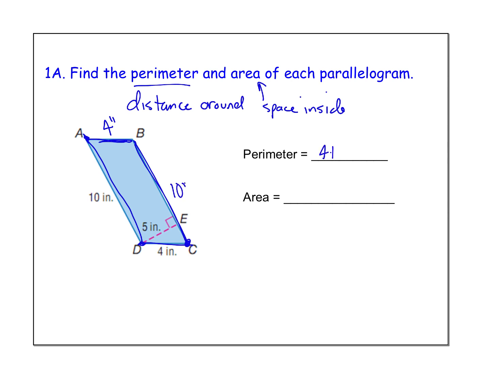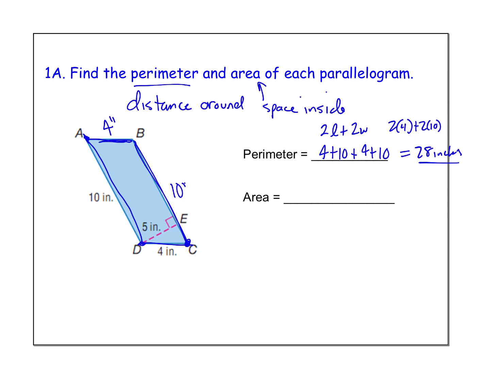So 4 plus 10 plus 4 plus 10. A shorter way might be twice the length plus twice the width. So in this case, it'd be 2 times 4 plus 2 times 10, which equals 28 inches. That'll be my answer, 28 inches.